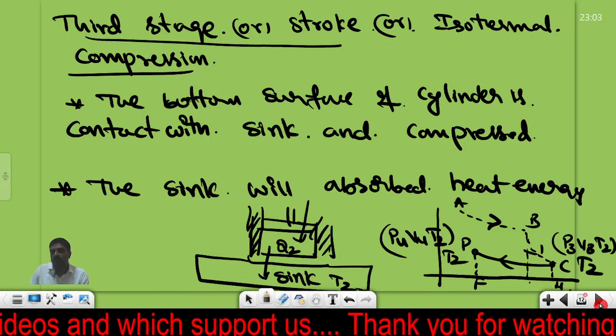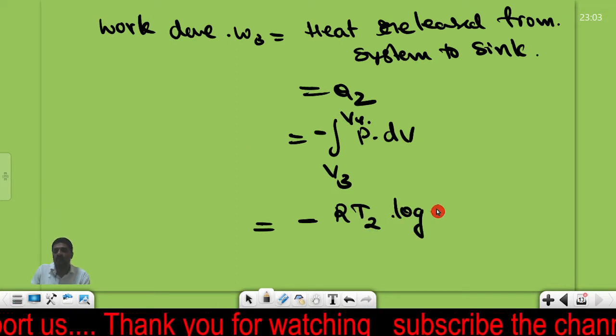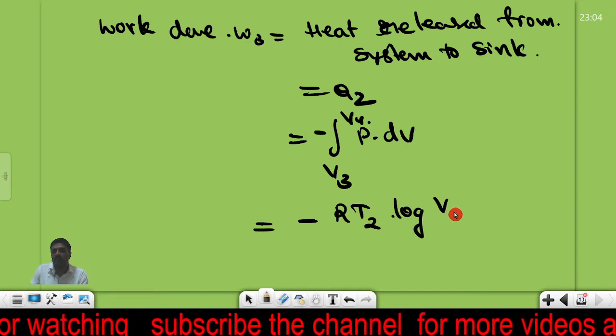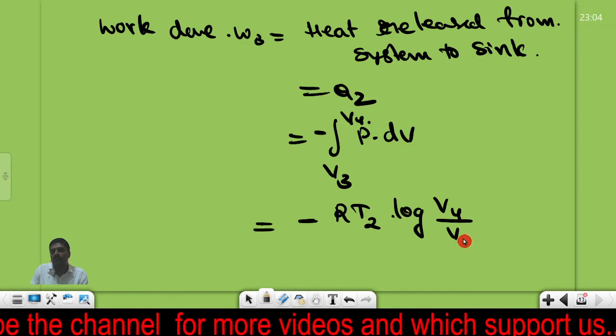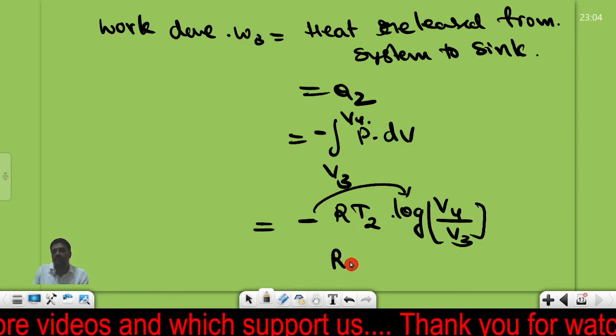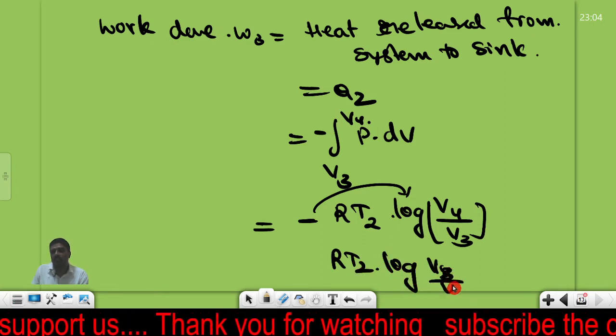So now R T2 into log, the direct formula I am writing: upper limit V4 divided by lower limit V3. This negative sign, if we send it inside, means R into T2 into log of V3 divided by V4.